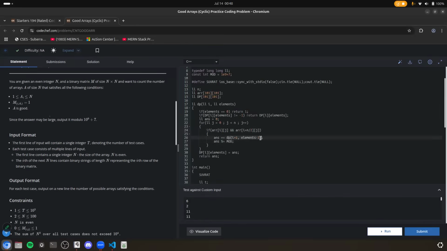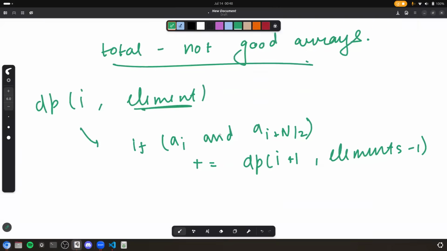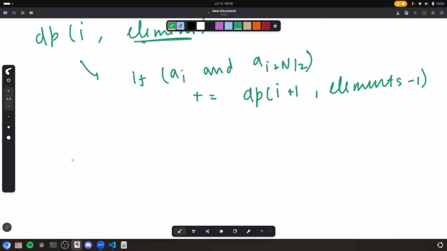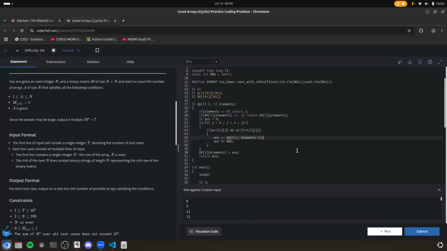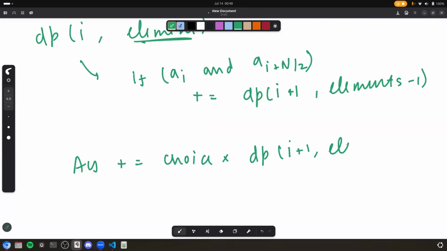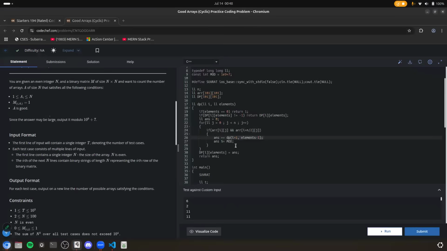So since this is the same, I am adding the same thing over and over again. What I could have done is answer plus equal to choice into dp of i plus 1 comma elements minus 1. So this would be the same as this for loop.